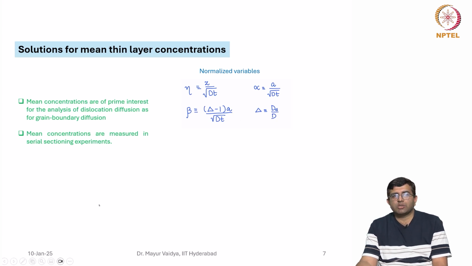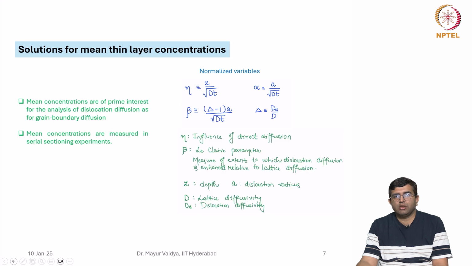The D without subscript refers to the lattice diffusivity. So eta basically talks about the influence of the direct diffusion. Beta is the Leclaire parameter, which is a measure of the extent to which the dislocation diffusion is enhanced relative to the lattice diffusion. Z is the depth, a is the dislocation radius, and these are the diffusivities that I already told.